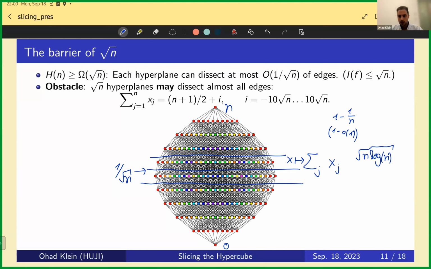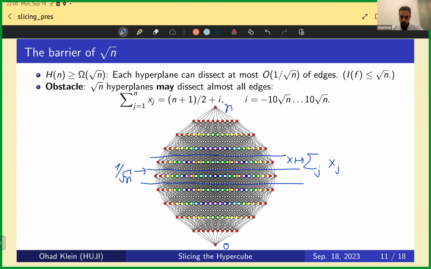Thank you. So really we need to somehow capture the small amount of edges that are not dissected by this small set of hyperplanes. So this is quite a delicate problem.